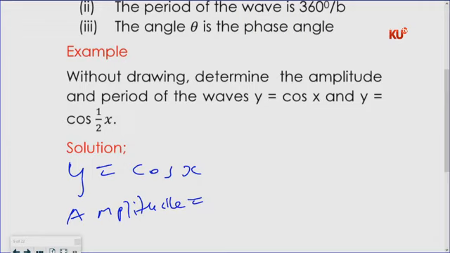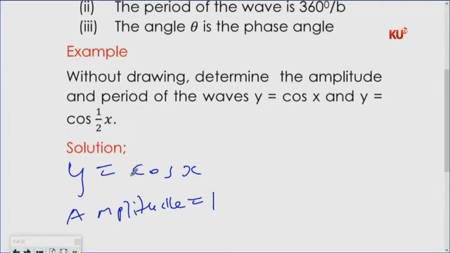For you to get the amplitude, you just look at the coefficient of cos. There is a number here that is very silent, and that is 1. It's only that we can't write 1 cos x. So the amplitude will be 1.